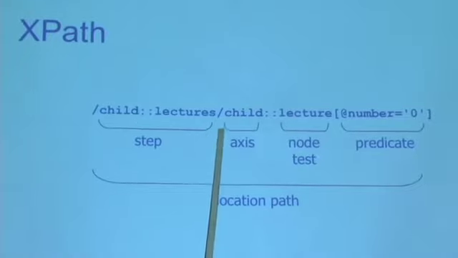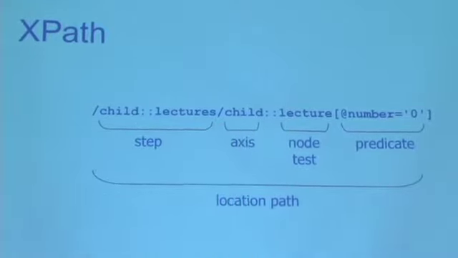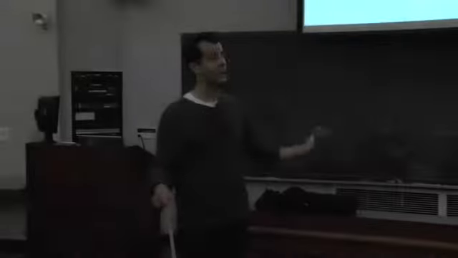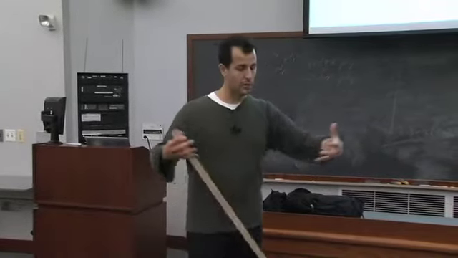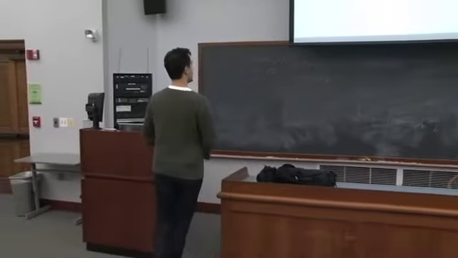I'm taking another step, as suggested by the /, again along the child axis, but for this next level of the tree. So step is actually a pretty good word here to use. I'm starting at the root, and I'm stepping into the pool of children, looking for the ones called lectures. Presumably there's just one, since I started at the root. My next step is going to be to dive into the layer of the tree that has lecture descendants.